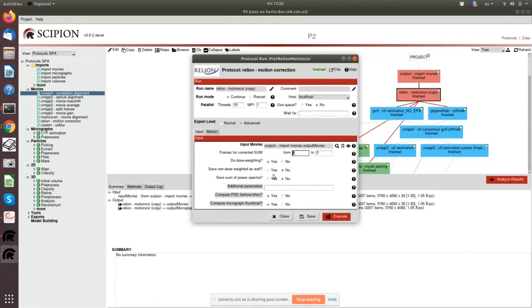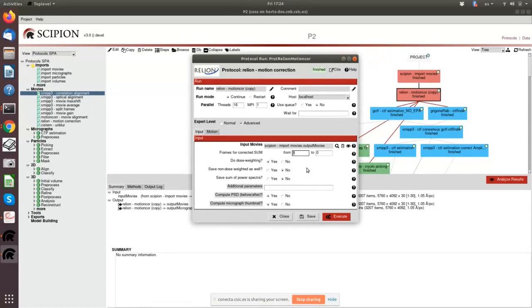And you can do dose weighting or not. Dose weighting is using a kind of universal formula that does not necessarily apply to all possible samples, all possible microscopes, and all possible acquisitions in the world forever. So sometimes this dose weighting helps, sometimes it doesn't do any harm, and sometimes it hurts, so it produces worse results.